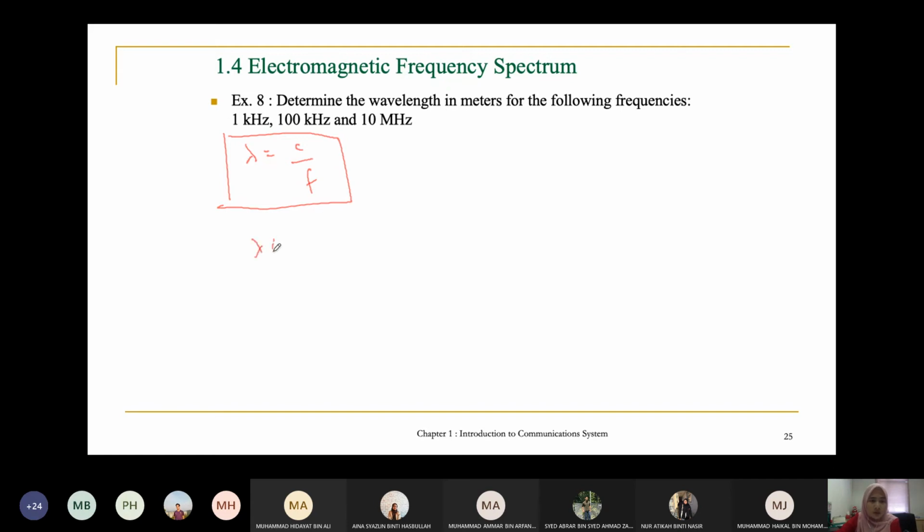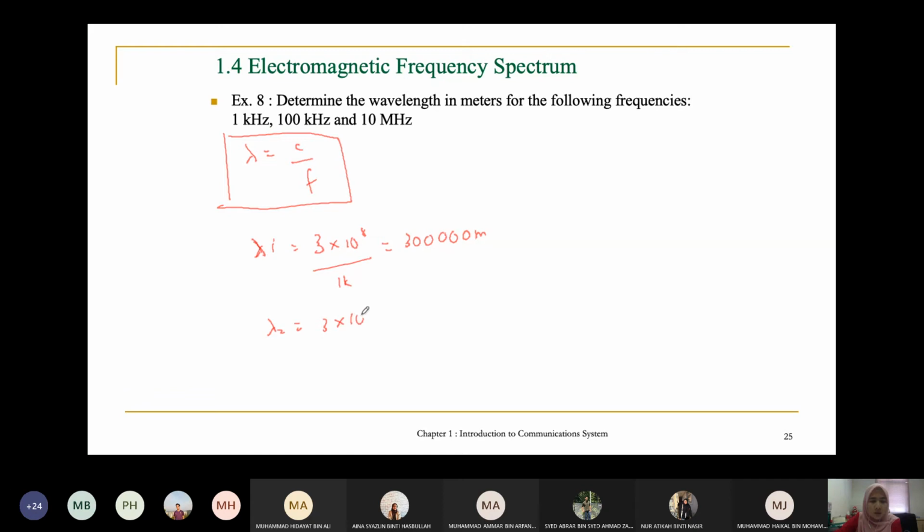So let's calculate for lambda 1. The velocity of light, 3 times 10 to the power of 8, divided by 1 kilohertz. You will get 300,000 meter.